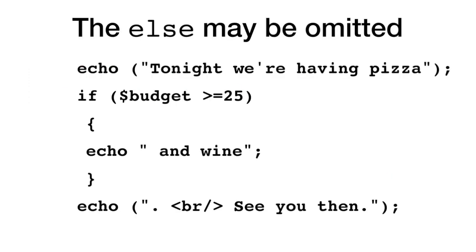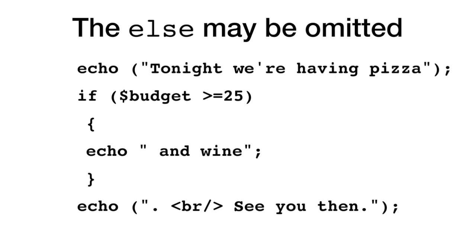Now you don't have to have the else part, you can leave that out. Here we could say, for example, tonight we're having pizza, so that's going to happen anyway. Now if budget is greater than 25, then we'll echo "and wine". And we'll say "see you then" in any event. So one of two things will happen here.